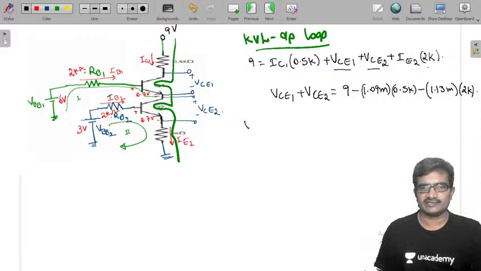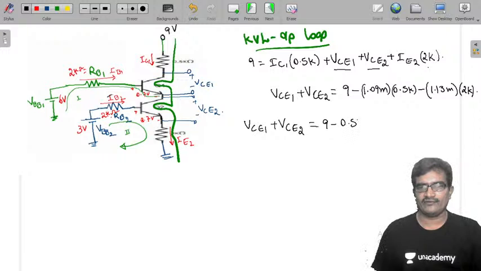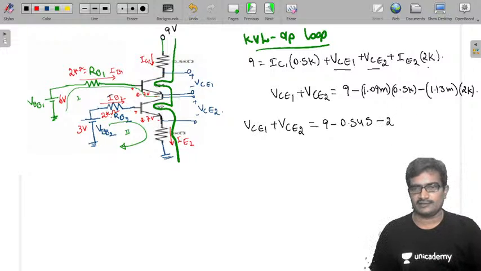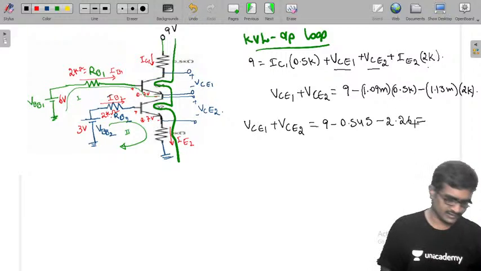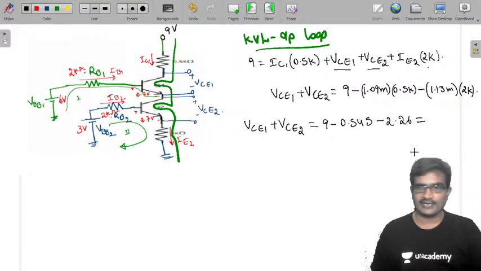Now I am simplifying that. Therefore VCE1 plus VCE2 is 9 minus 1.09 into 0.5, that is 0.545, minus 1.13 into 2, that is 2.26, so 9 minus 0.545 minus 2.26 is 6.195.